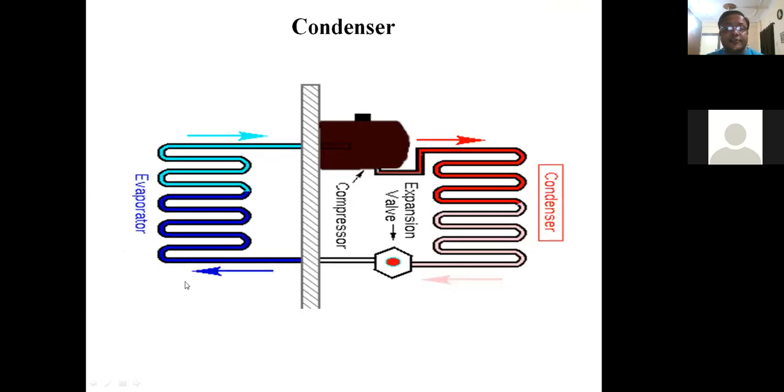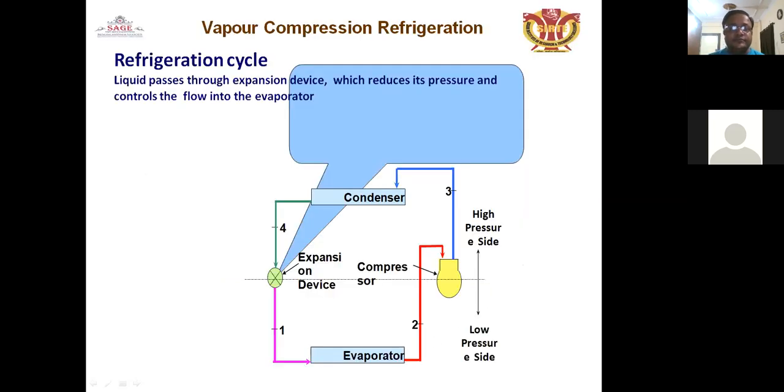This is a condenser unit, where the evaporator, compressor, expansion valve, and after that the surrounding medium, that is the coil, is called the condenser side or condenser coil, condenser cooling coil, where the condensation of the refrigerant vapor is taking place. In vapor compression refrigeration, the liquid passes through the expansion device, which reduces the pressure and controls the flow into the evaporator. That is called a vapor compression cycle.